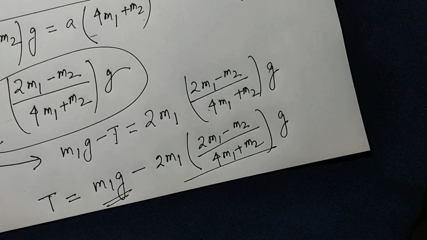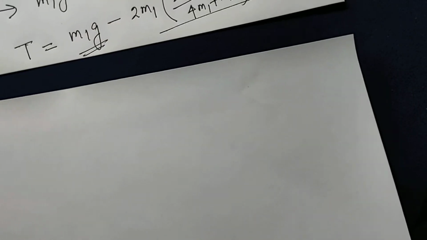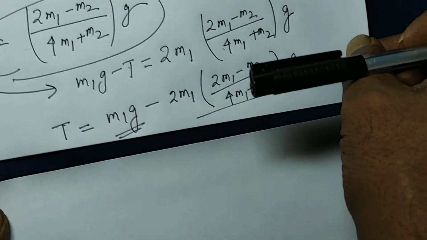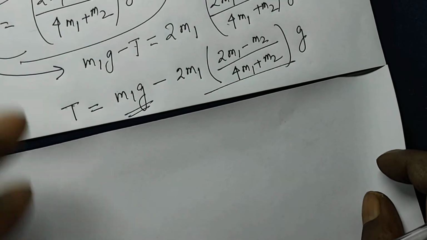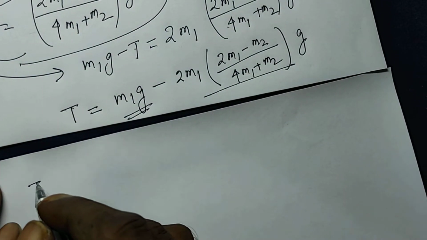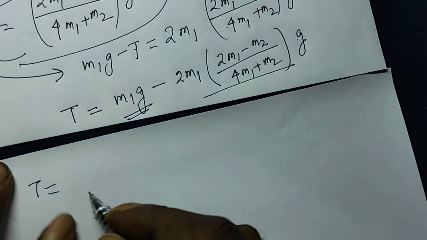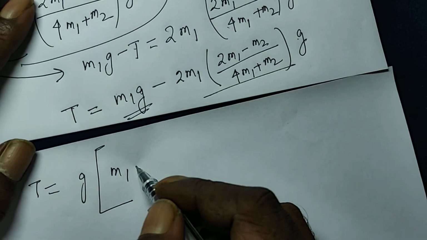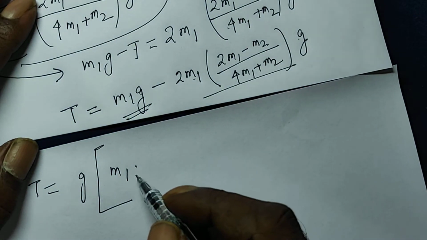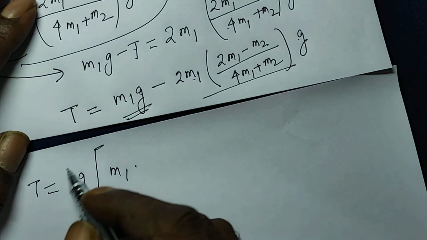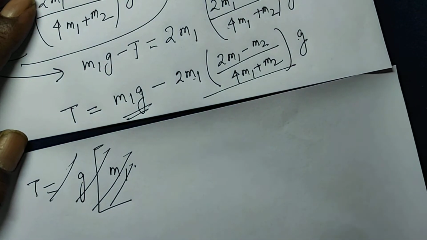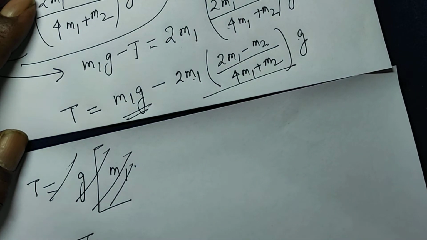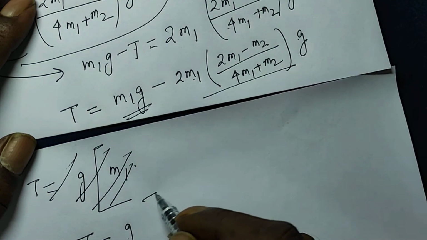So I have got a new paper now. So your T is equal to g taken common.